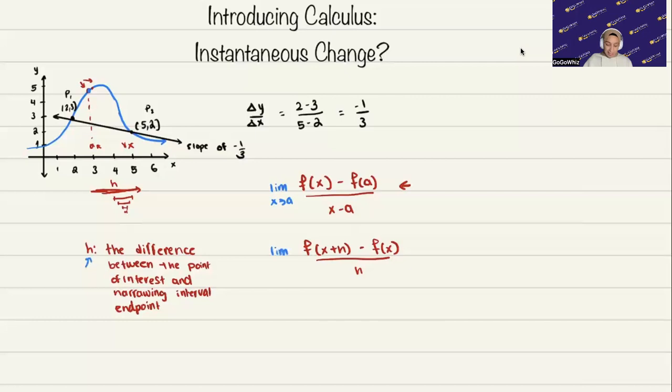So I need the interval length h to be approaching 0. So these are two different ways of looking at limits, and limits, remember, are basically a way to find the change at an instant. What is the instantaneous change? So what is the change at a specific point?